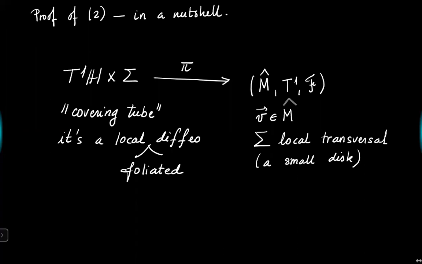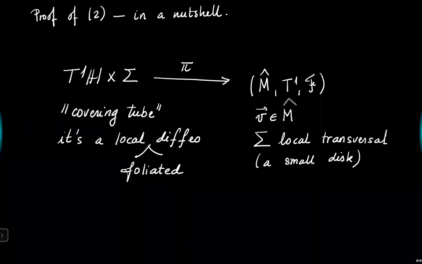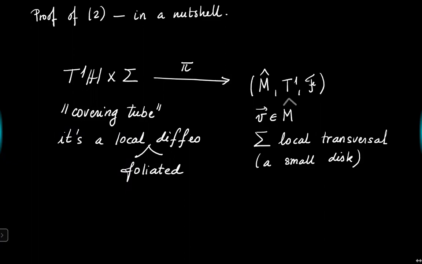And then there's some additional condition on the transverse structure. There are two ways I know of doing this. This can be done in general for foliations by hyperbolic surfaces, and this can also be done in general for Riemannian foliations, regardless of the leaf structure, which is what we did.